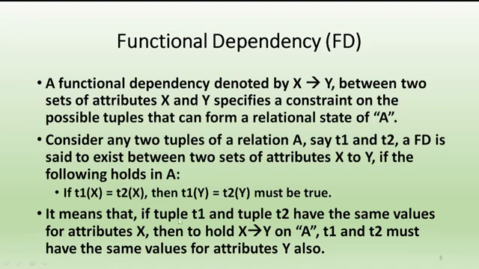So it means that if tuples T1 and T2 have the same values for attribute X, then for X to functionally determine Y on A, T1 and T2 must have the same value for attribute Y also. So this is the theoretical definition.